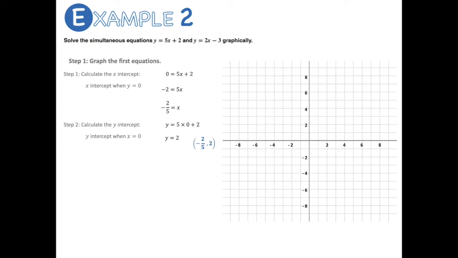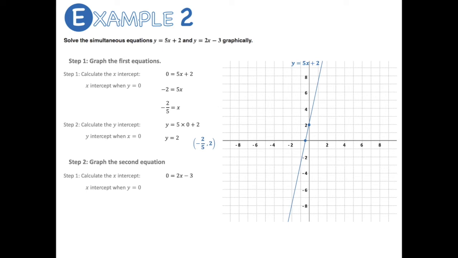So my intercept points are going to be -2/5 and 2. Graphing 2 and -2/5 and drawing a straight line. Next, I'm going to do the same thing for the second equation, y equals 2x minus 3.